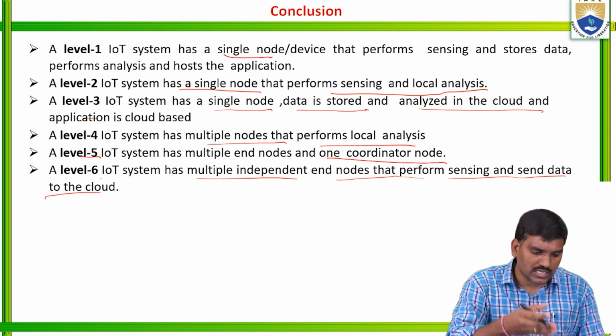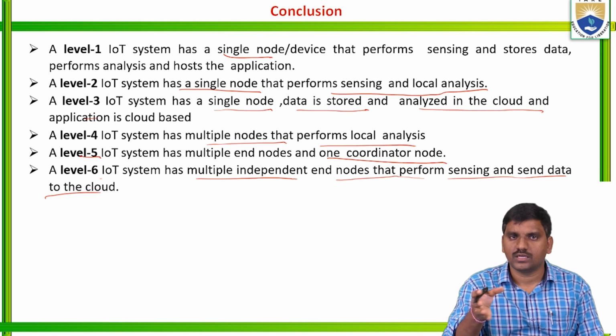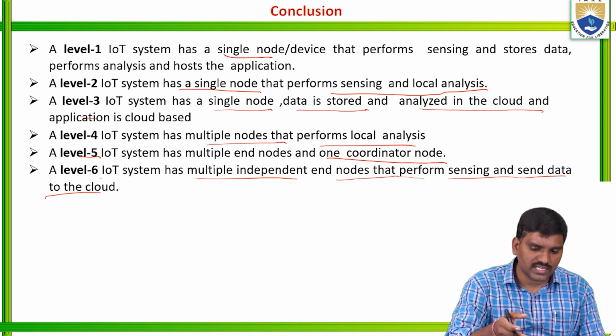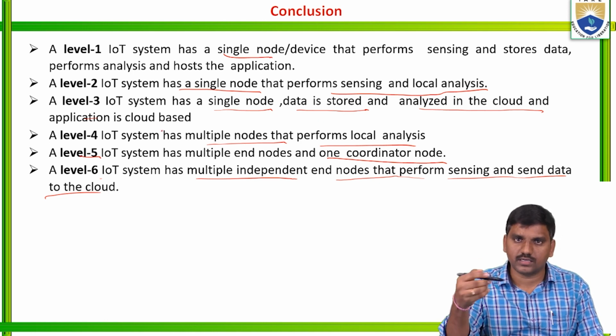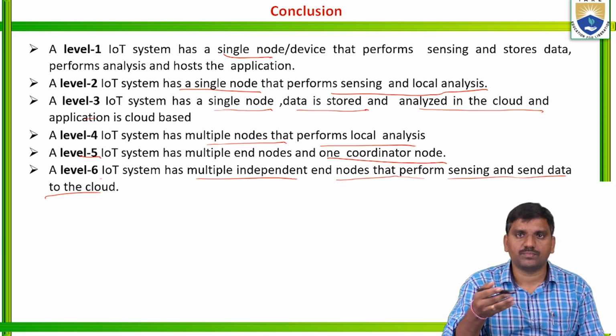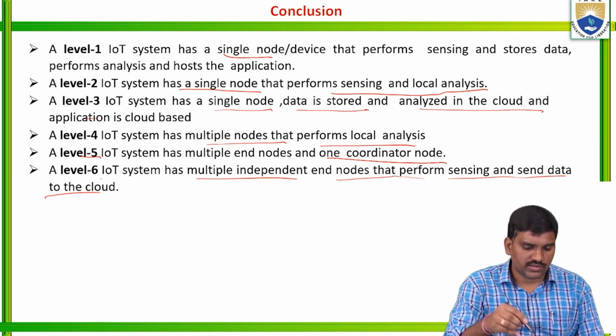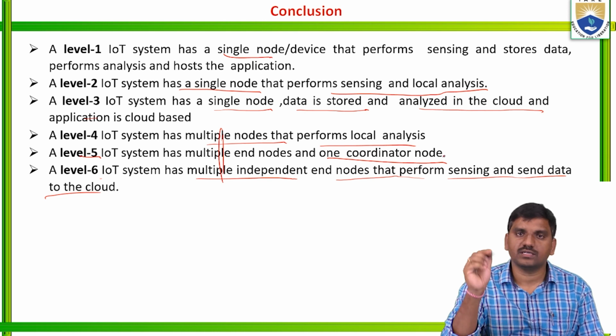In level 2, it performs the sensing and local analysis, also without involvement of cloud. But in level 3, the data is stored in the cloud and analyzed in the cloud, using some cloud based applications also. Level 4, level 5, level 6 have multiple nodes with different functions.